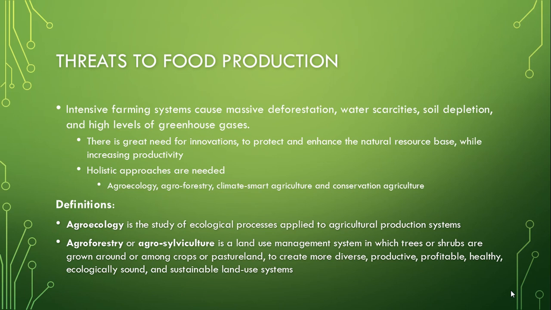You have soil depletion, because the soil is being depleted of specific nutrients and minerals as a result of this kind of concentrated farming. High levels of greenhouse gases are being produced as a result of the type of farming activities taking place.